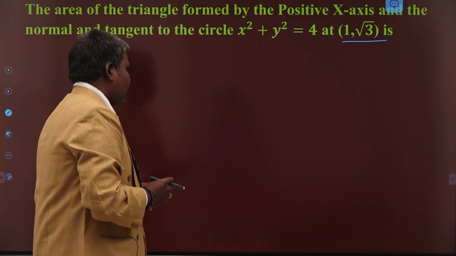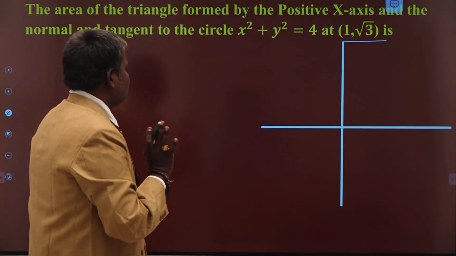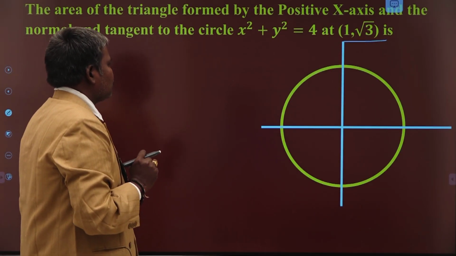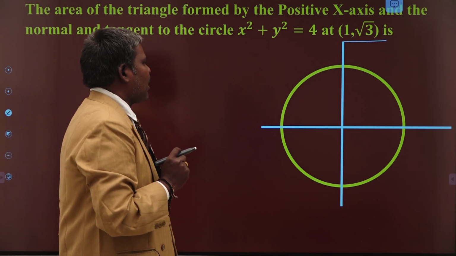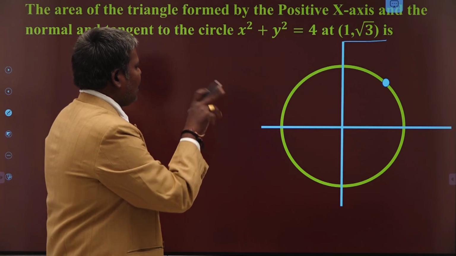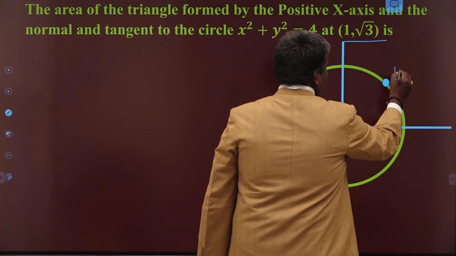You draw a simple rough diagram. This is the x-axis and y-axis, these are coordinate axes. This is my circle x square plus y square equal to 4. (1, root 3) is the point which lies in the first quadrant and also on the circle. This is my (1, root 3).